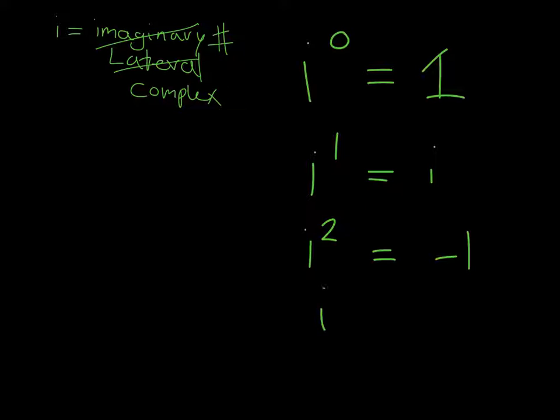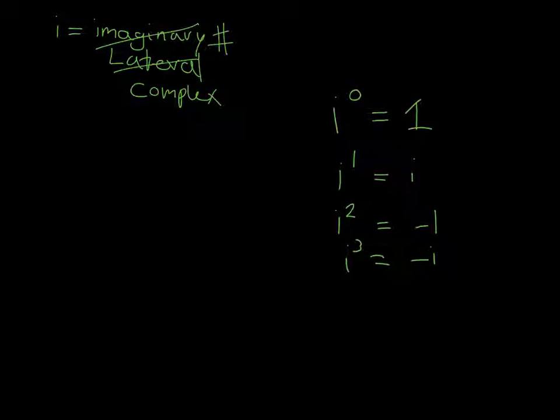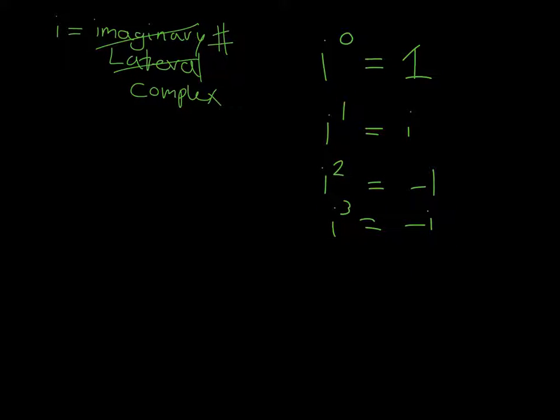And i to the power of 3 equals -i. And i to the power of 4 is 1. Again, see the correlation here. Now I'm going to tell you why.